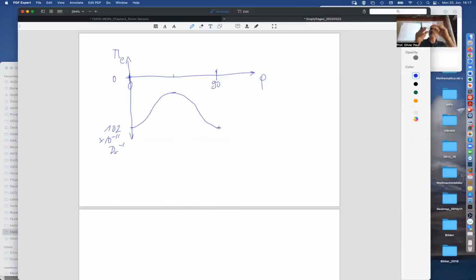Actually, when you do the tensor transformation, calculate the angular derivative that reflects the rotation matrix, there is sinus and cosinus, and then you have some combinations of these sinus and cosinus functions in the phi dependent expression for any of those piezoresistive coefficients, and it can only contain 4th order of these sinus and cosinus combinations, because there are 4 matrices whose elements get multiplied, and that then simplified, shows you that there will be some cosine of 4th order, which can be transformed into a cosine of 2 phi or sine of 2 phi, and that is then squared, and that's what you see here.